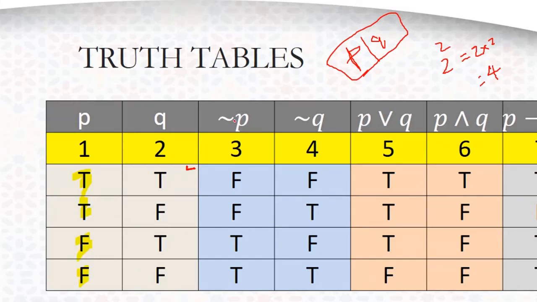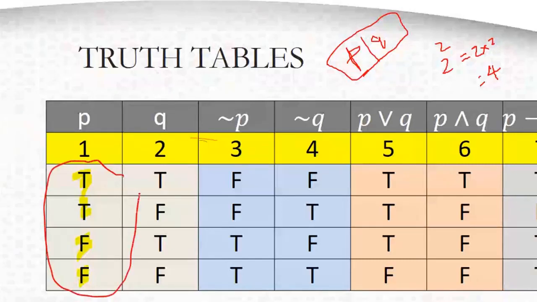Now coming to negation of P. Negation of P means take this column and consider only this column. Whenever you get a T here, you just make it F here.